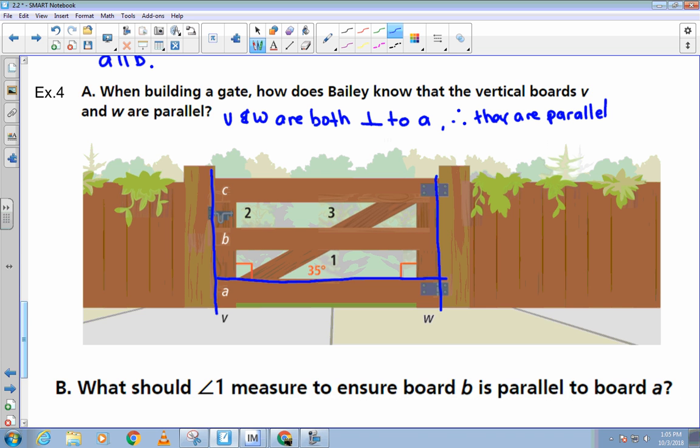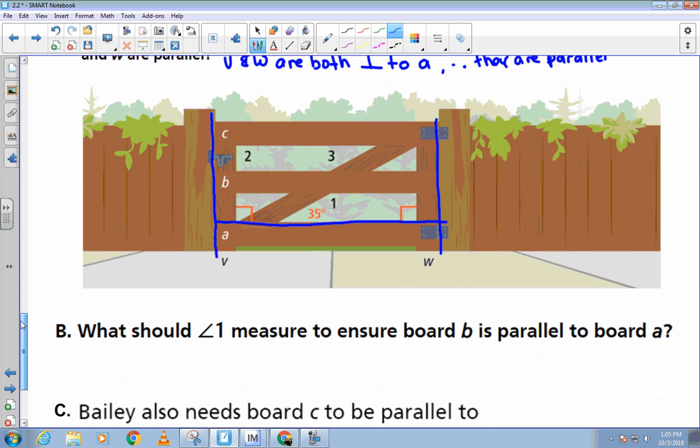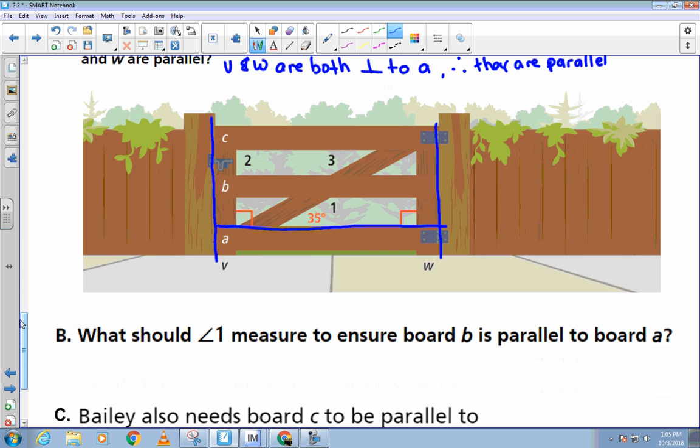Okay, good. Alright, so let's add to that a little bit. It says, what should angle 1 measure to ensure that board B is parallel to board A? Okay, so now let me erase this one.